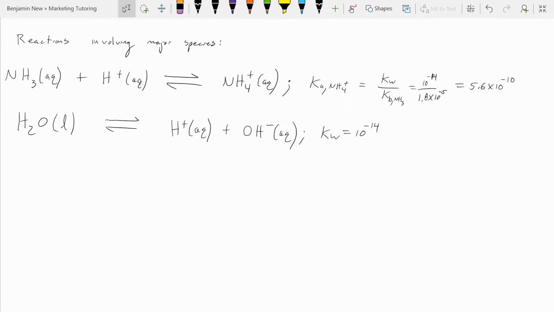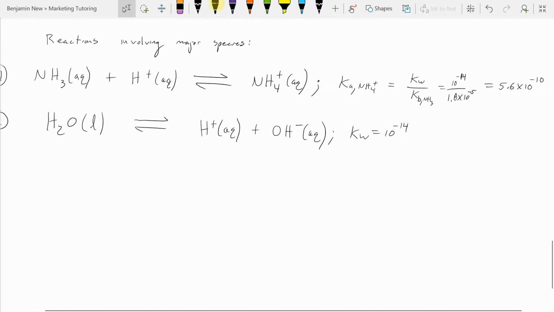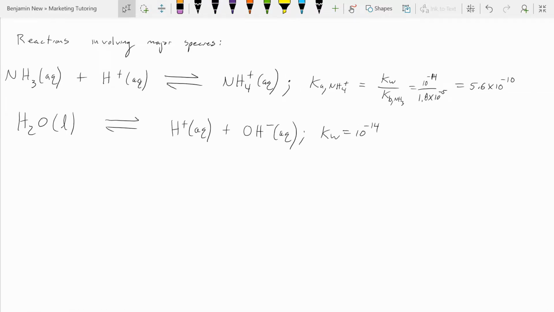Actually, the K for this particular reaction, let's write it beneath instead. Going left to right, this one is 10 to the minus 14, but here going left to right is just going to be 1 over the Ka for ammonium ion.